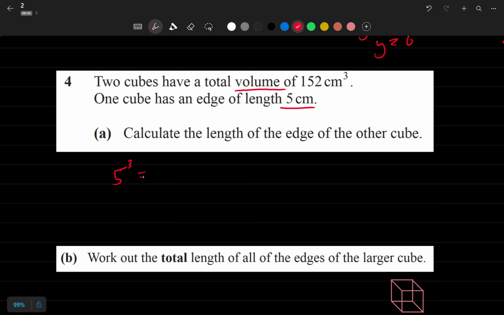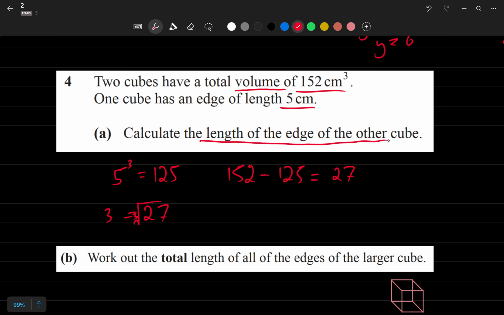So 152 minus 125 gives you 27. Now you know that 27 is a volume. So you take the cube root of this and you get 3 as the length of the edge of the other cube. Basically, there was a cube with length 5 and a cube with length 3. You calculated volume for both cubes and added them, and the sum of both was 152 centimeter cube.